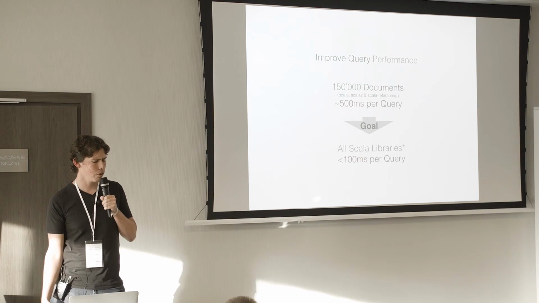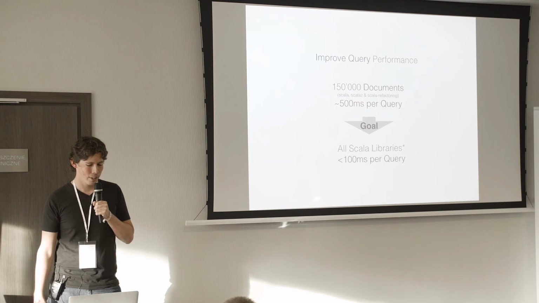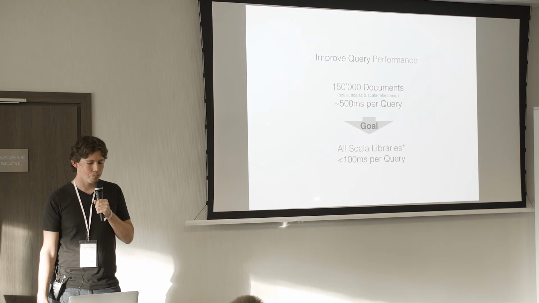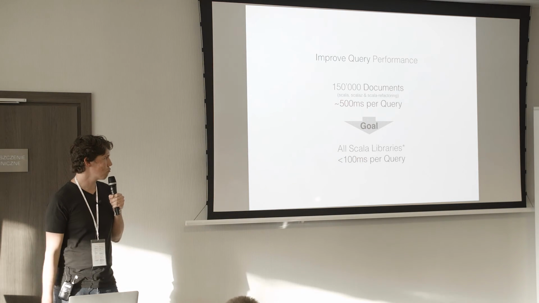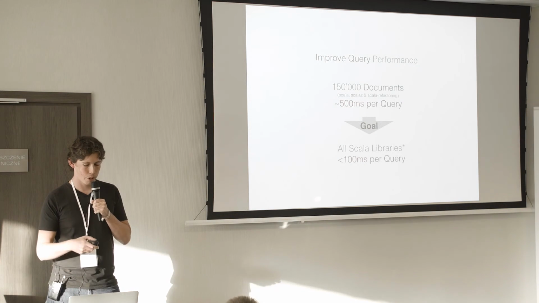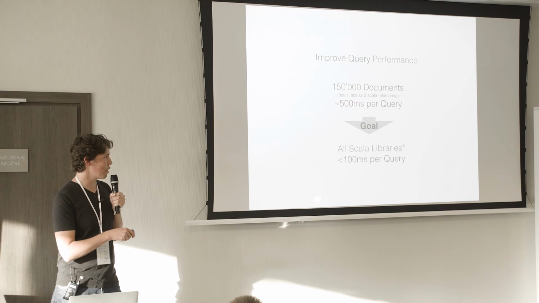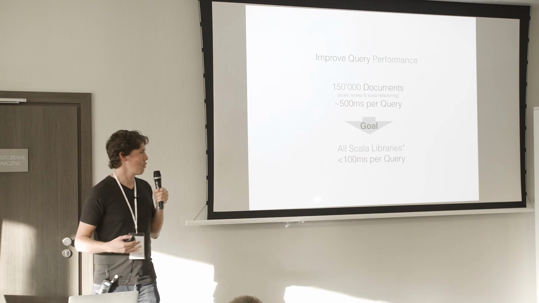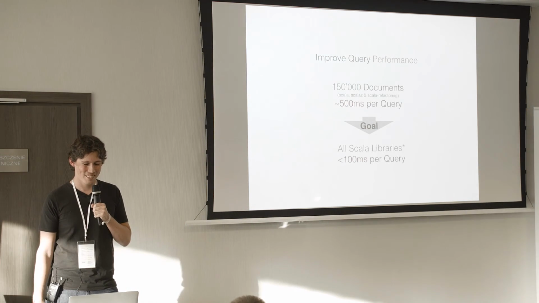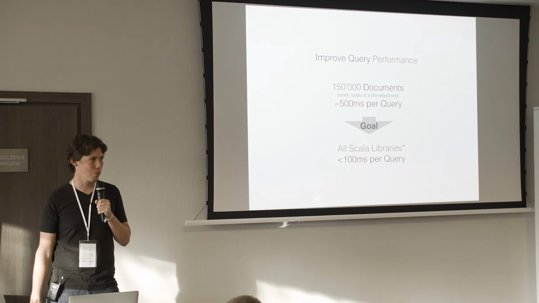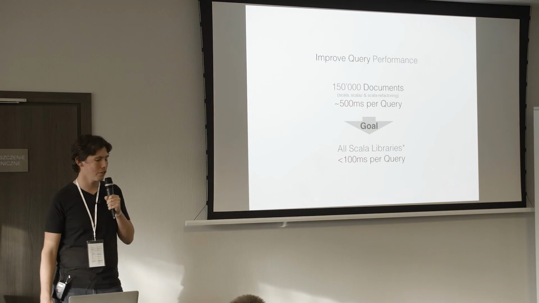That's not too good. So there should be some work directed to performance, because as I already mentioned, we want all Scala libraries, and a good response time is probably less than 100 milliseconds.